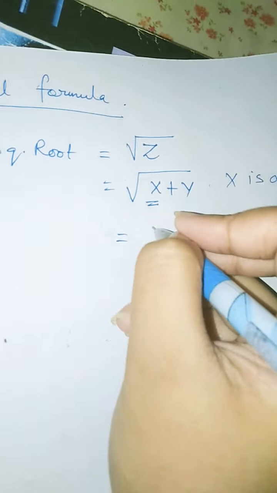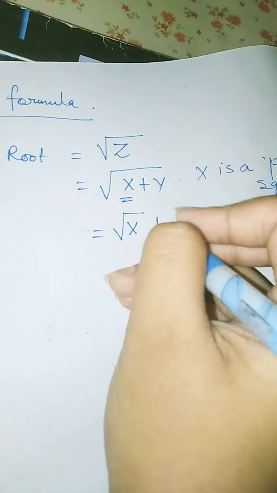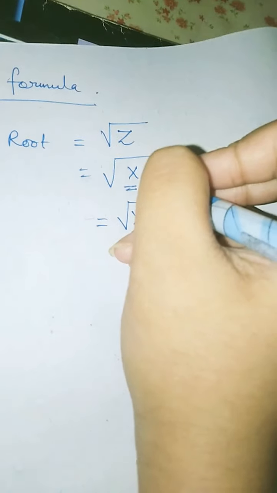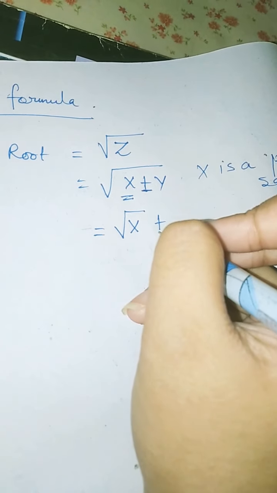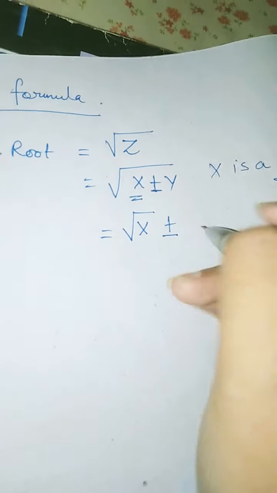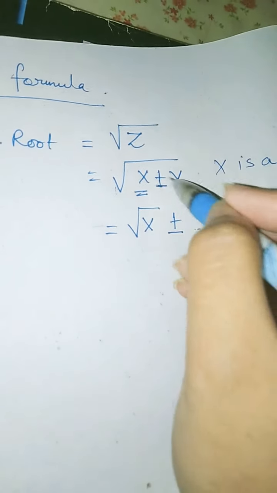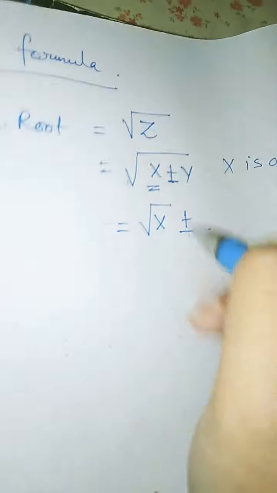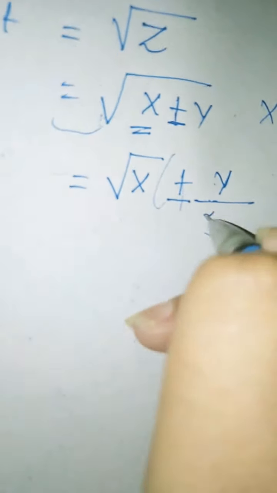Here it can also be minus, so I am writing it in general form, plus minus. If the difference is plus or minus, you can add or subtract. So root over x plus minus y by 2 into root x. So this is the formula for the square root of a number.